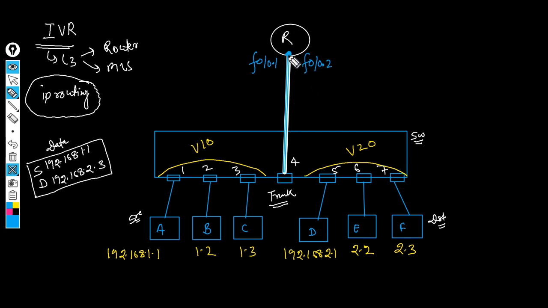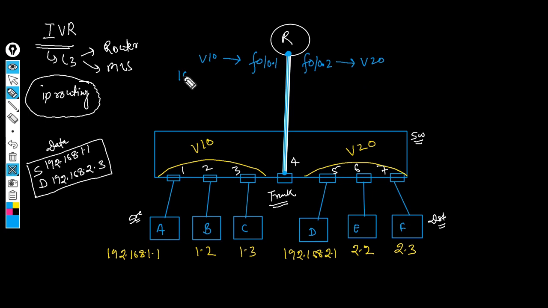Logically, we have broken down this physical interface into virtual interfaces. Your FA0/0.1 will carry, let's say, VLAN 10 traffic, and the other will carry VLAN 20 traffic. In simple terms, you associate them like this.